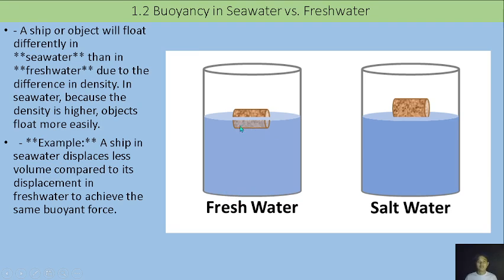And since mas mababa yung kanyang density, yung buoyancy din niya is mas mababa. So, mas mahirap lumutang dyan. Di tulad ng saltwater which is around 1,025 kg per cubic meter of density. So, the buoyant force will also be different, which is higher than freshwater.